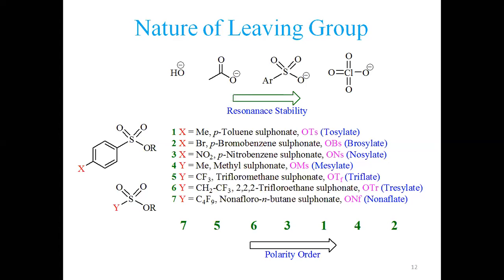So if we have a substrate, and in the substrate the leaving group leaves easily, the carbon bond with the leaving group is polarized, and the leaving group which leaves is resonance stabilized, then it can leave very easily. So it is a good leaving group.